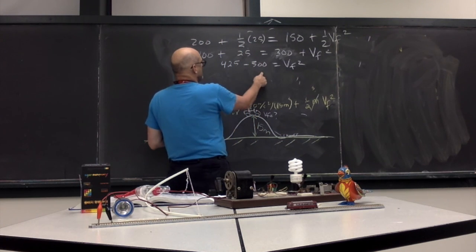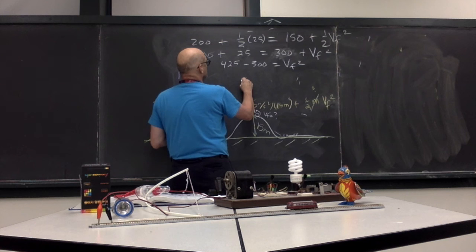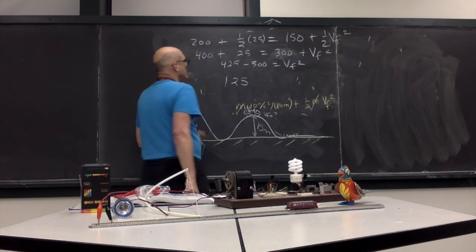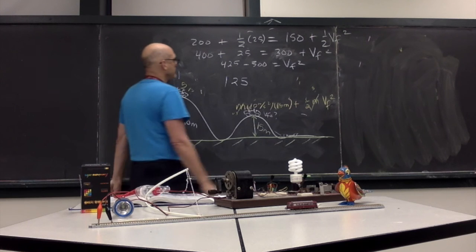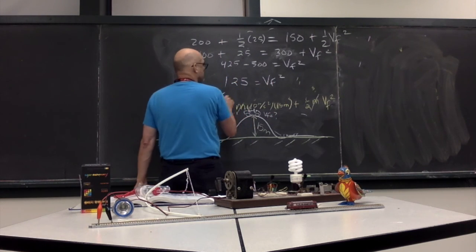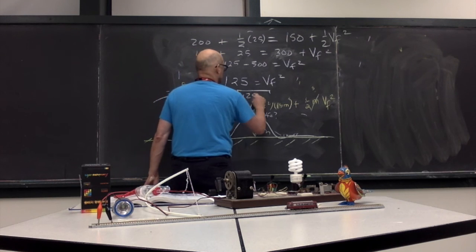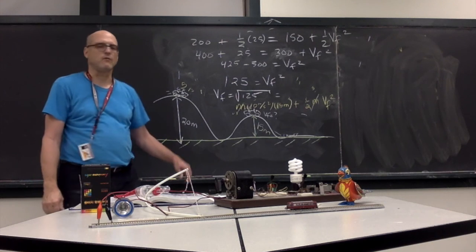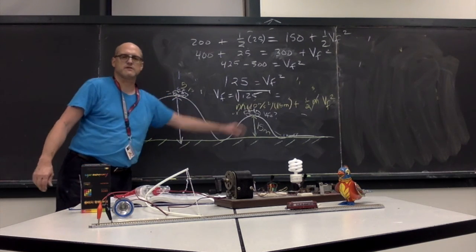So 425 minus 300 is 125. That's equal to VF squared. So VF is the square root of 125. And I'll let you do that. Figure out what the speed of the coaster is at the top of the second hill.